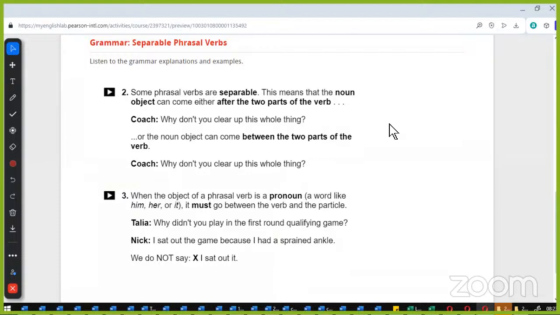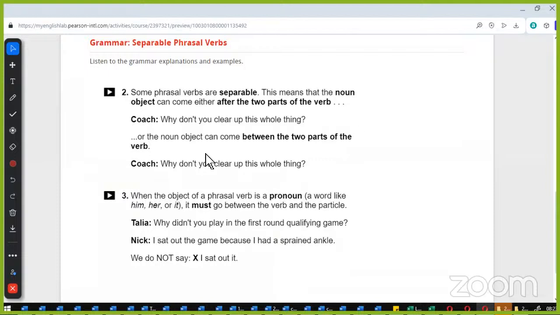Okay, and number three, when the object of a phrasal verb is a pronoun, a word like him, her, or it, it must go between the verb and the particle. Talia says, "Why didn't you play in the first round qualifying game?" And then Nick says, "I sat out the game because I had a sprained ankle." We do not say, "I sat out it."